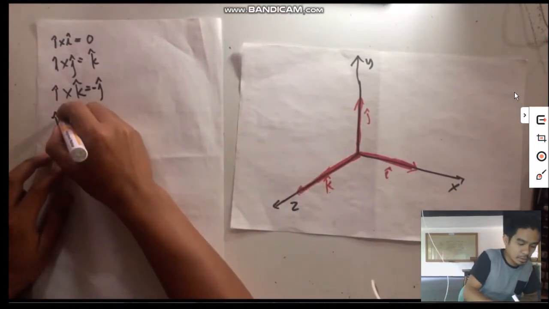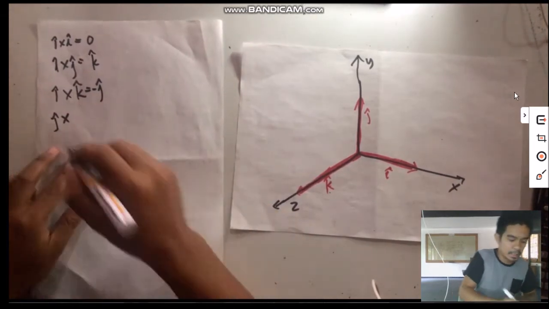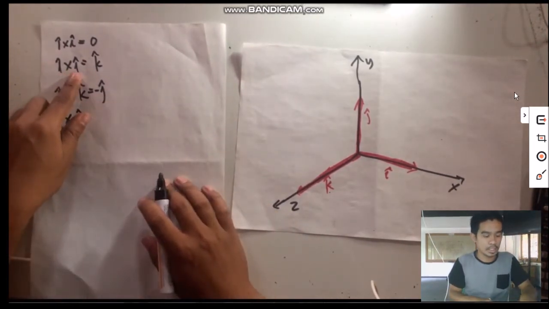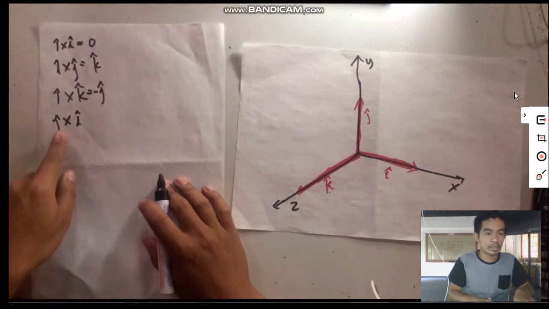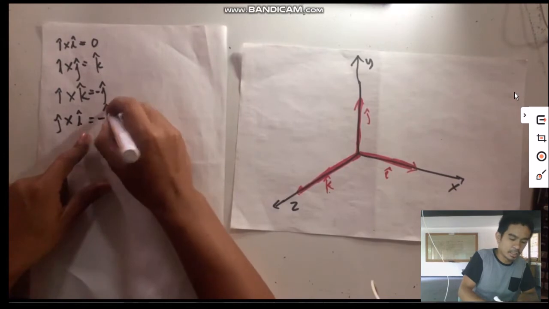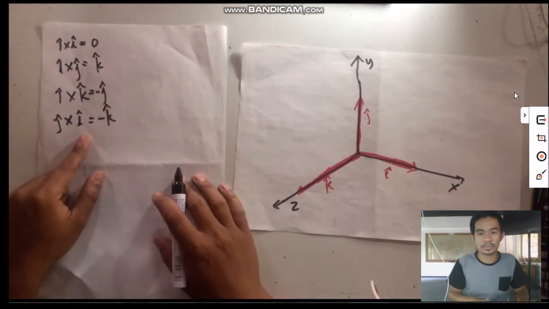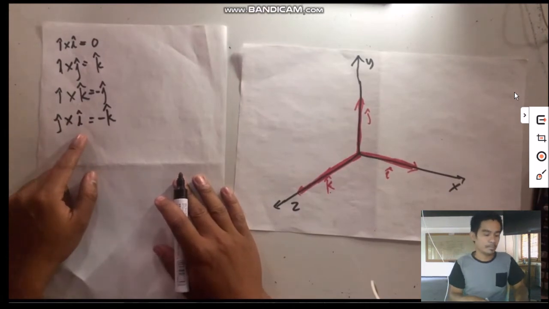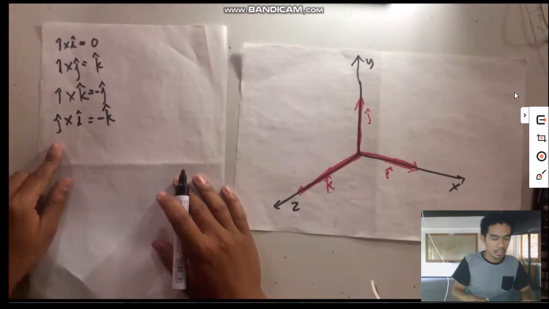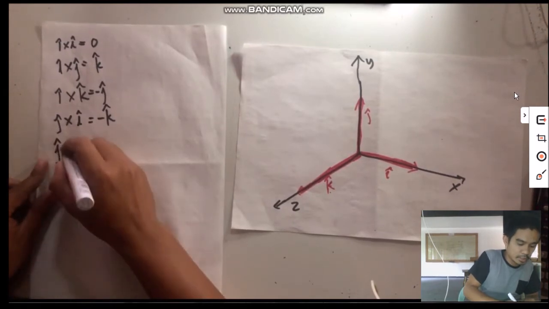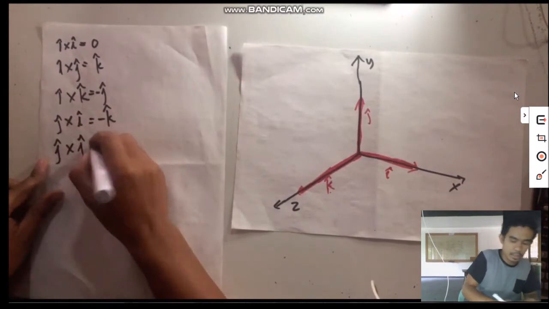And then what else? j hat cross i hat. Since i hat cross j hat is k hat, then j hat cross i hat should be negative k hat, since the cross product of two vectors is anti-commutative. Next, j hat cross j hat.